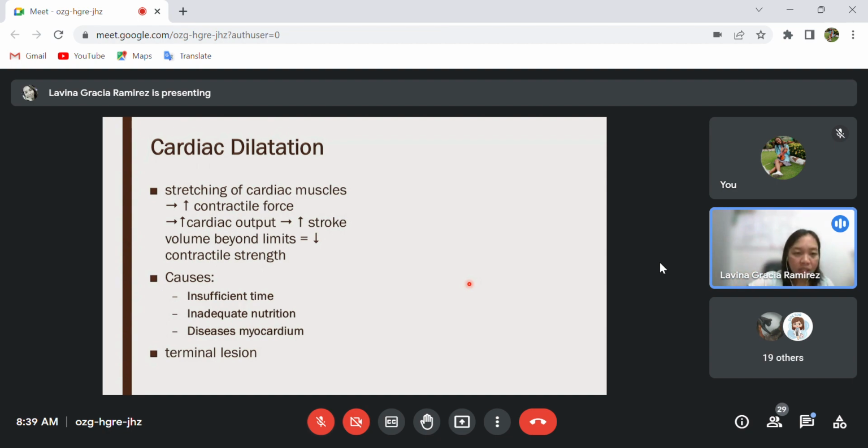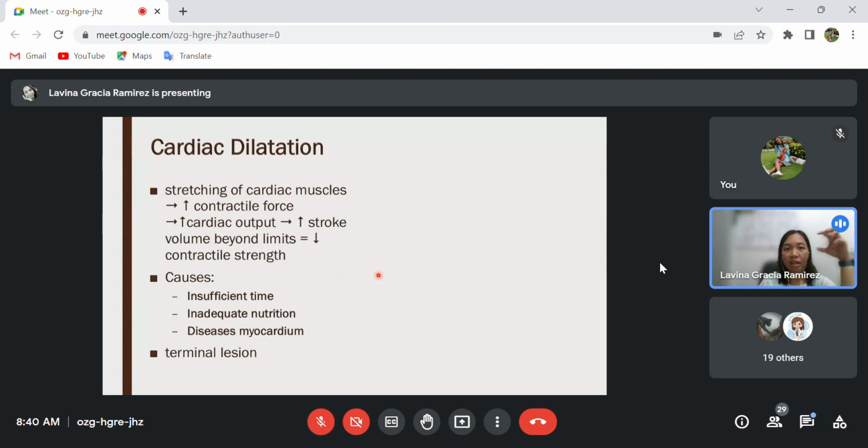Okay, so dito lang sabi, increased stroke beyond limits will equal a decrease. Ang nangyayari naman dito, yung isa kanina is beyond its standard, pag more than that naman, there will be a decrease in the contractile strength. Ang nangyayari sa mga cardiac dilatation, yung structure is nag-dilate.